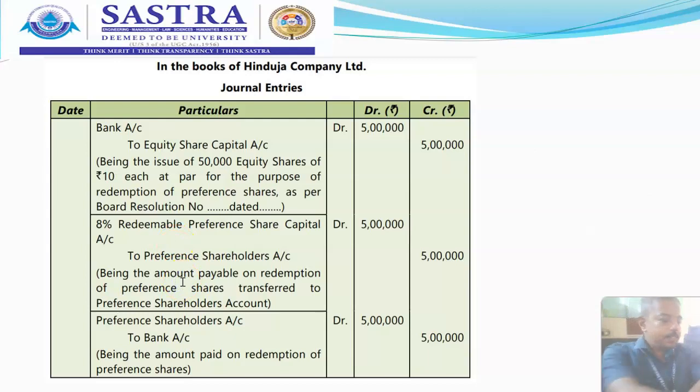The next important thing is the payment entry to the preference shareholders. Preference shareholders account debited to bank account, rupees 5 lakhs. Make the proper narration, because this amount for redemption is taken from the fresh issue of equity shares.